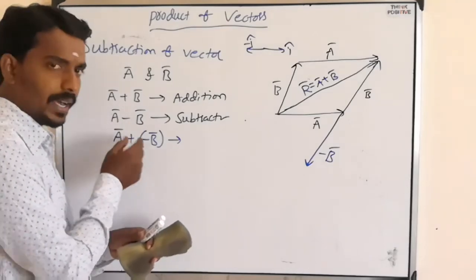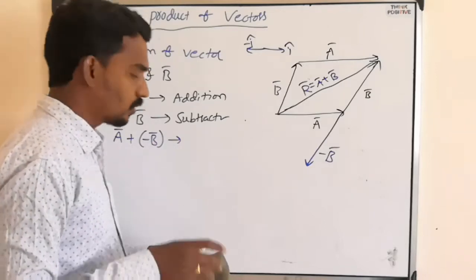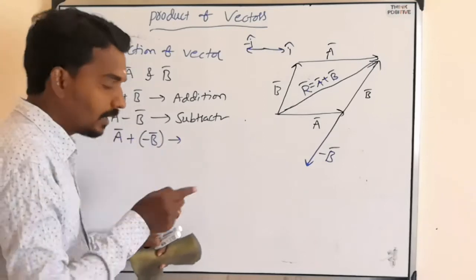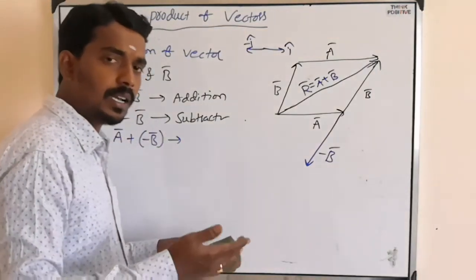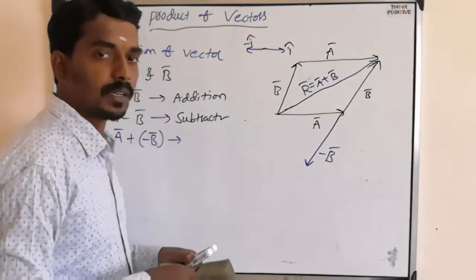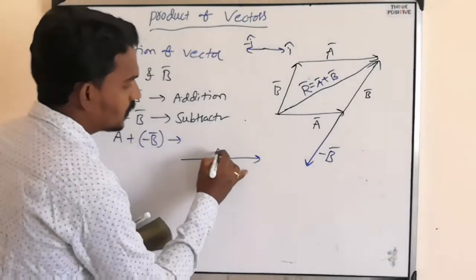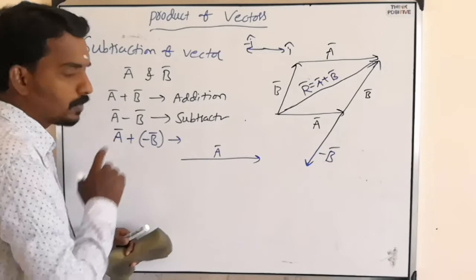So when you want to find A bar minus B bar, the same triangular law you can use, but you have to add A bar and minus B bar. First you draw A bar. This is our A bar. But now you have to add minus B bar.